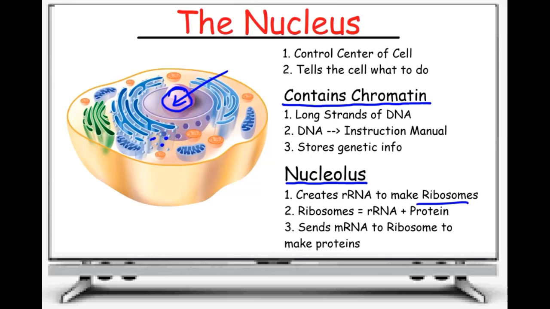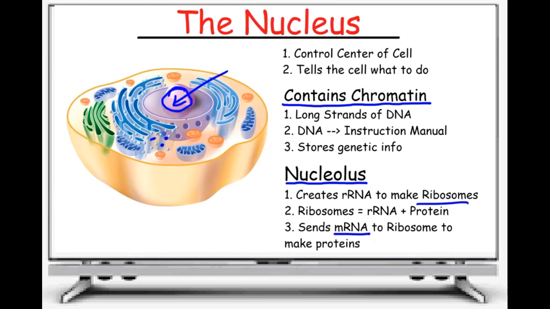Now, the ribosomes consist of ribosomal RNA and proteins, but they manufacture proteins. Now, the way the nucleus makes proteins is that it sends mRNA, or messenger RNA, which carries the instructions to the ribosome to make the specific type of protein that's needed for the cell.